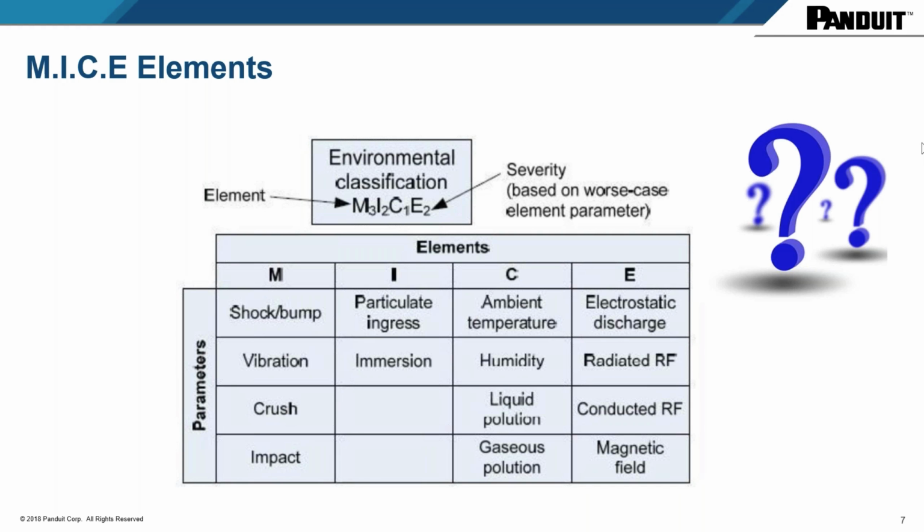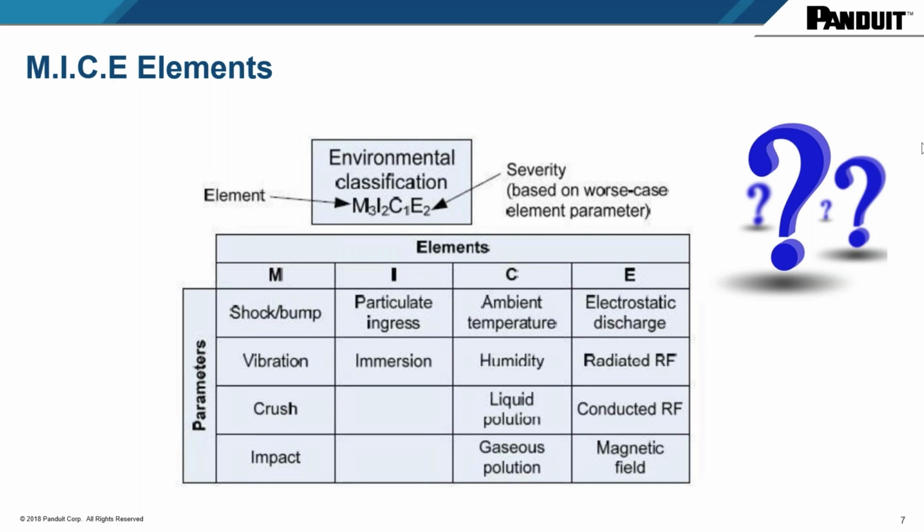So when you start looking at all of these elements, what we call the MICE, you need to be made aware that the presence of an element or the absence of an element are immediate concern. But then you have to worry about the extent of that presence and how it affects my system. So if it's at a 1, that means it has no effect and it's not an issue.